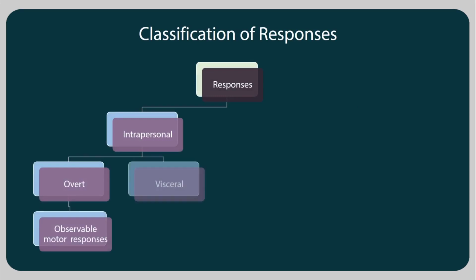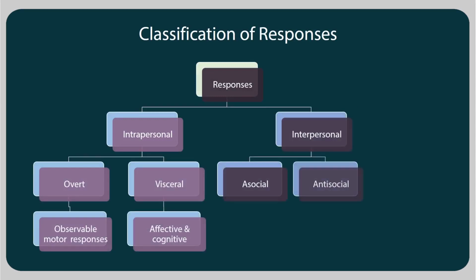Well, in social sciences, especially in psychology, the target for data collection is responses, a variety of responses. And these responses are broadly classified into two categories, namely intrapersonal versus interpersonal responses.